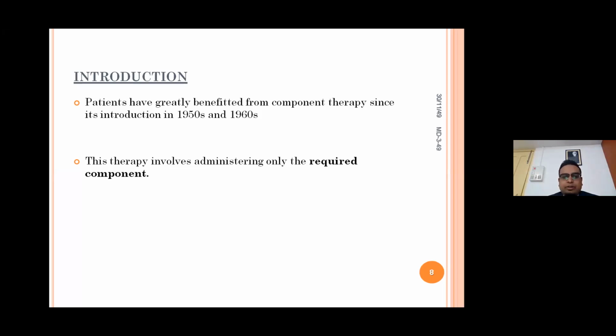So it started in the early 1950s with administering only the required component. It involves the administration of the minimum required for the maximum benefit of the patient.